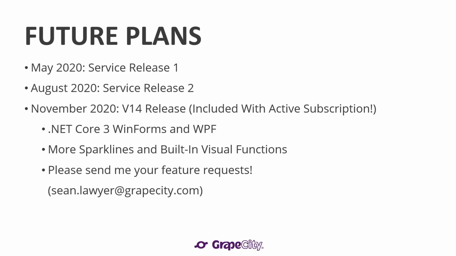Then in November 2020, SpreadNET 14 will be released, which will be included with any developer license for V13. The V14 release will include .NET Core 3 WinForms and WPF controls, more feature enhancements, including new built-in sparklines and built-in visual functions. And please send me your feature requests. I am always interested in hearing about new feature requests.